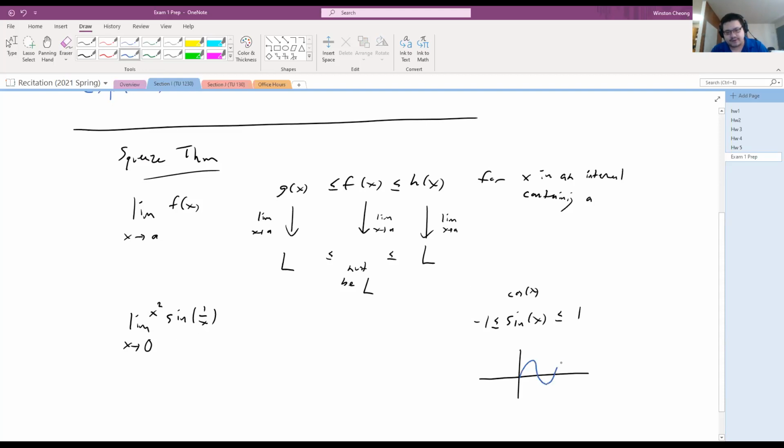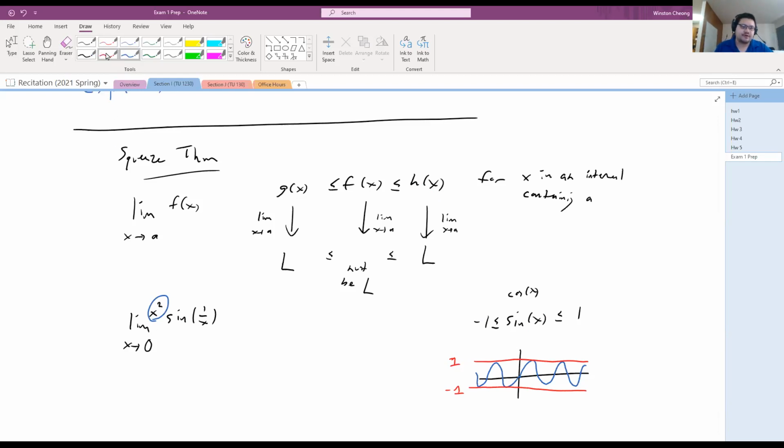They bounce up and down infinitely, but they're always bounded between 1 and -1, so they never exceed those two limits. We then take this inequality and scale it by the function that's in front, and that gives us our g of x and our h of x.